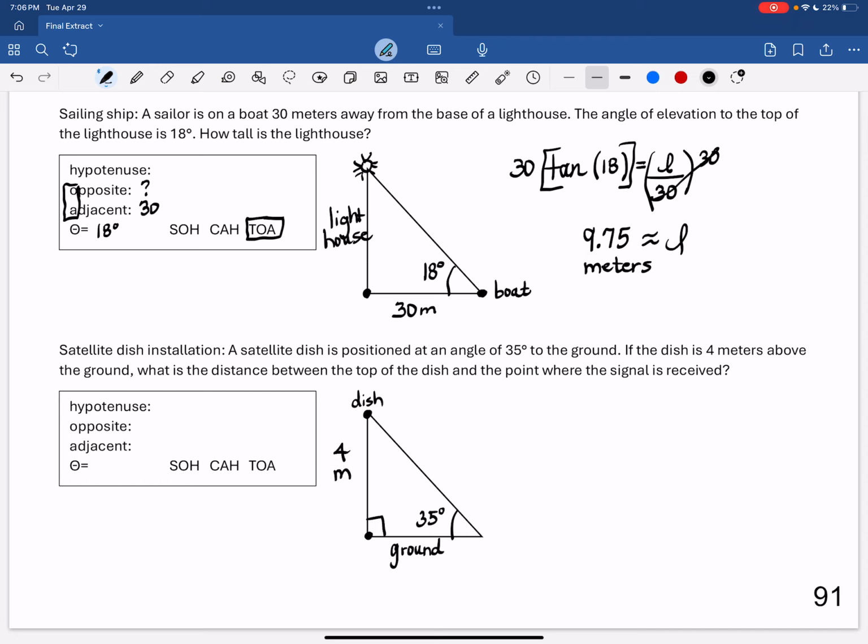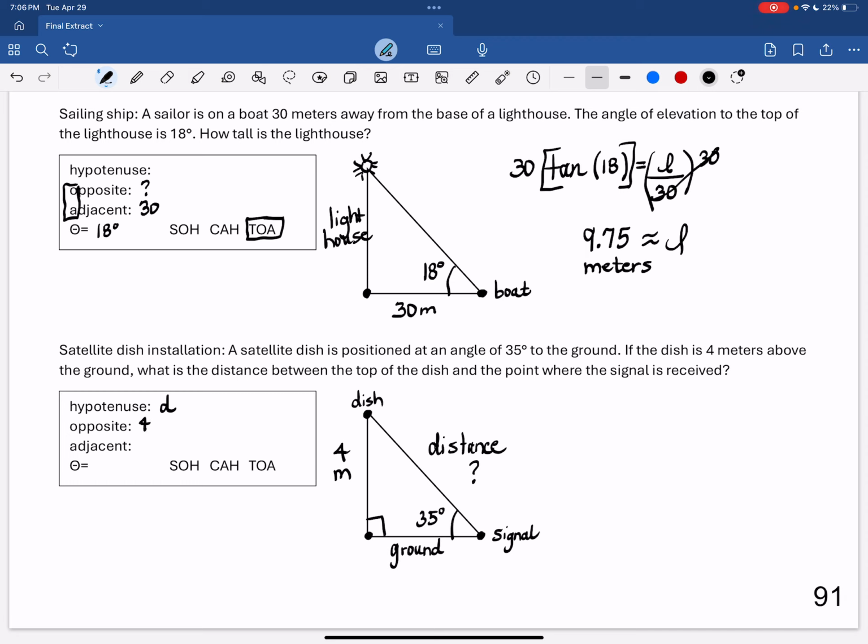That's 4 meters. What is the distance between the top of the dish and the point where the signal is received? So we're looking for this distance. We're looking for hypotenuse. So that's going to be the distance.